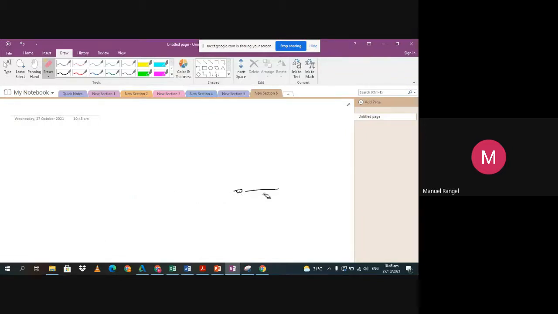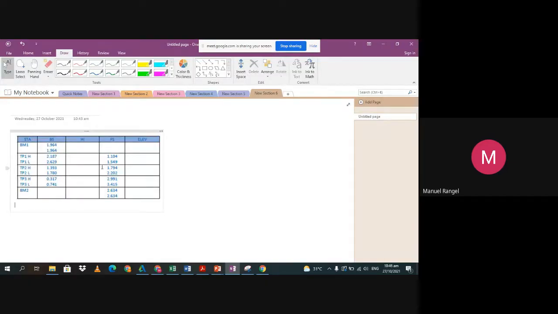Let me change my pen tab so it's better to write. Okay, let's assume the elevation at benchmark 1 is 100 meters since nothing is given in the problem. Same as differential leveling: HI of BM1 is 100 plus 1.964, that is 101.964 meters.